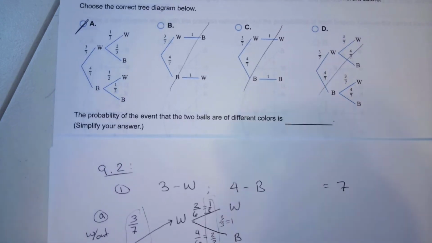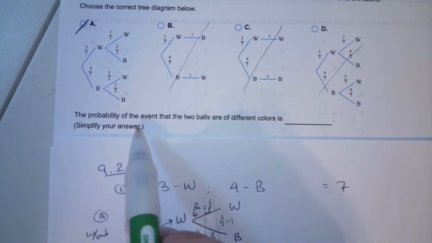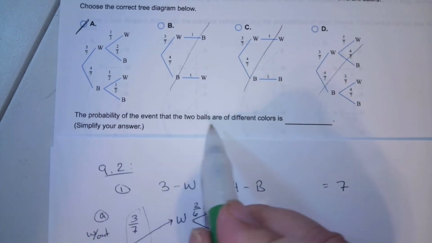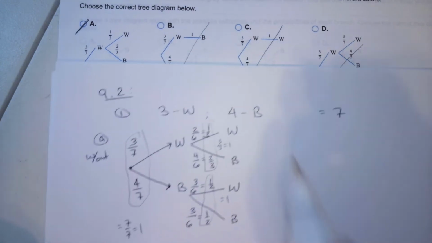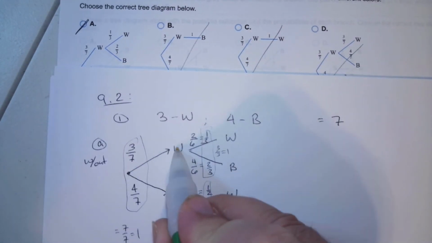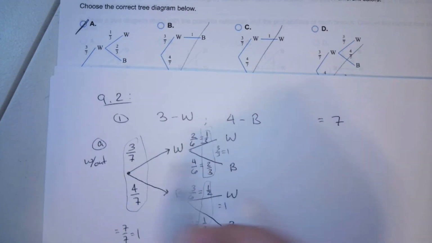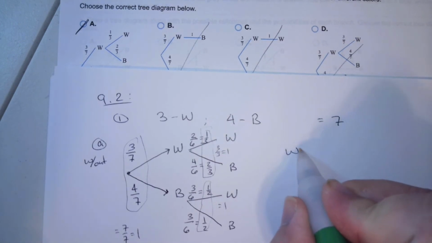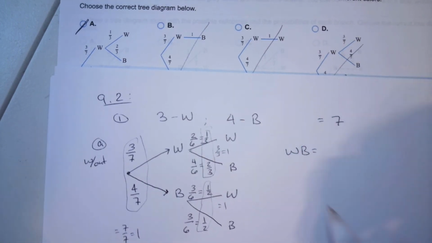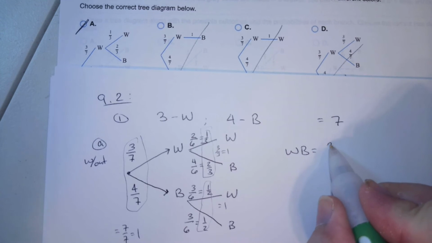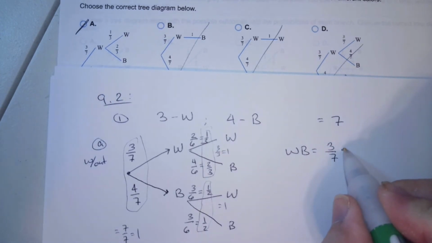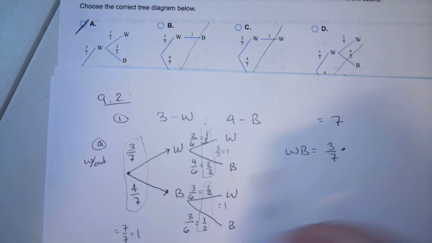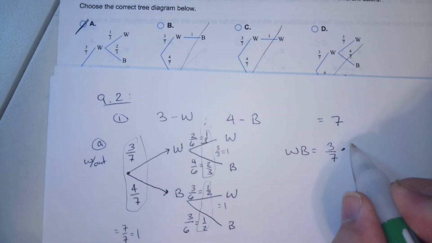The next part of the question is the probability of the event that the 2 balls are different colors. That means if it's white in the first one, then it has to be black. In that combination, we have 3 over 7 times 2 over 3.